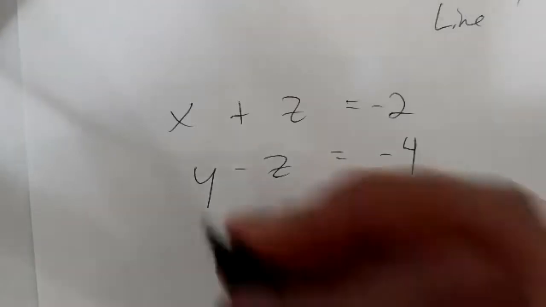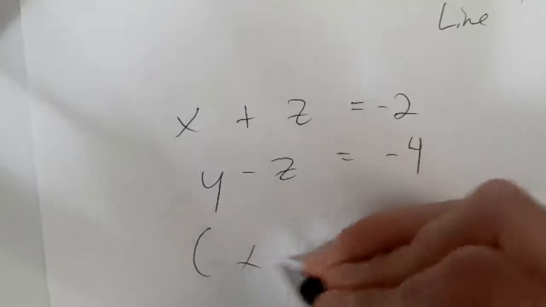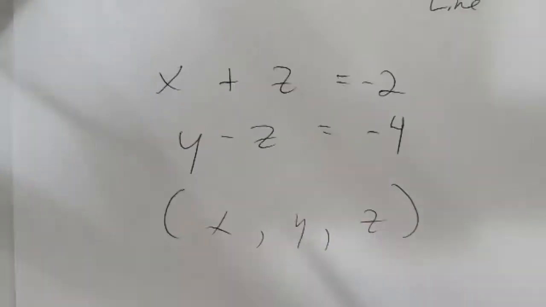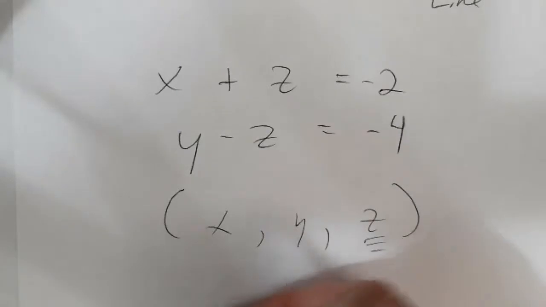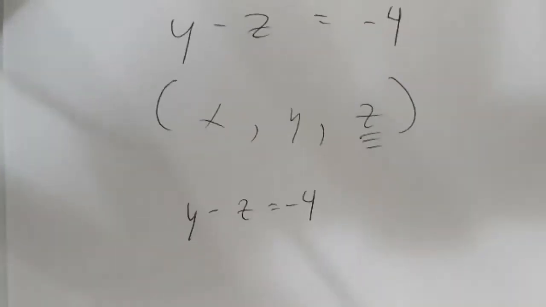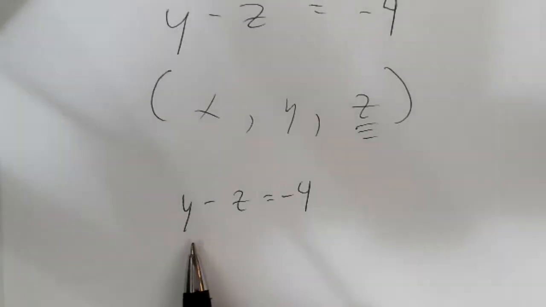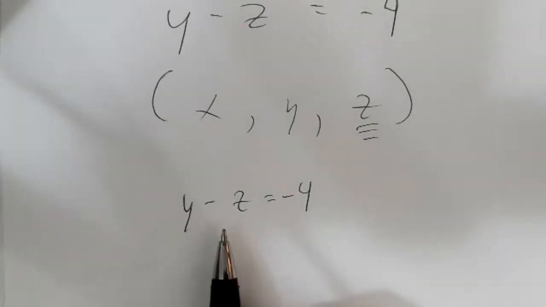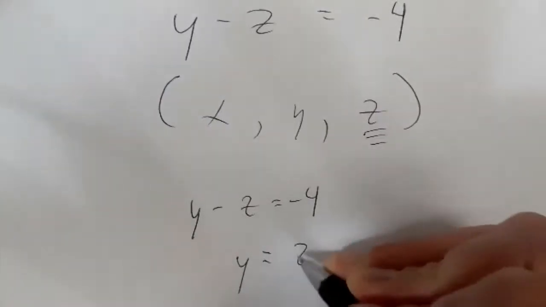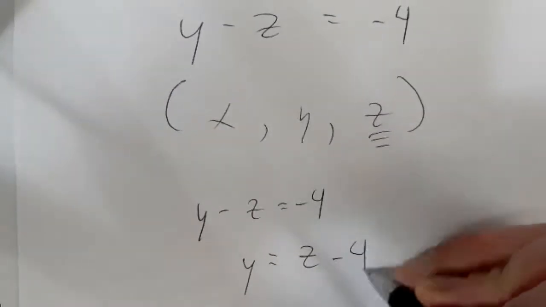I want to write a line in 3 space. I want to write something that is in the form x, y, z. And I want to write everything in terms of z. So z is there. It is done already. So I want to write y in terms of z. So if I do y minus z equals -4, and I want to solve for y by itself, I have to move the z over. So y equals positive z minus 4.